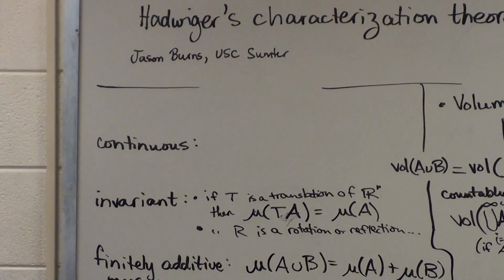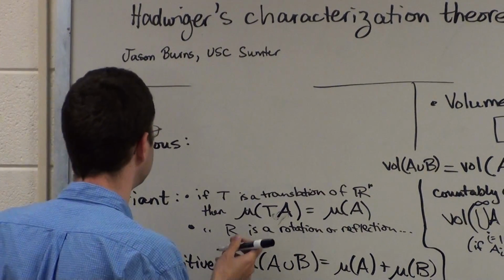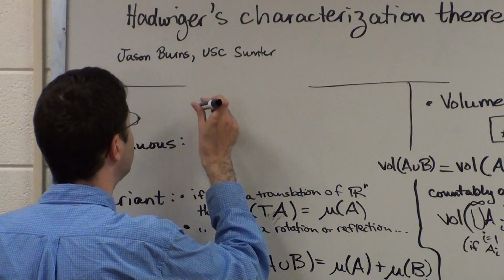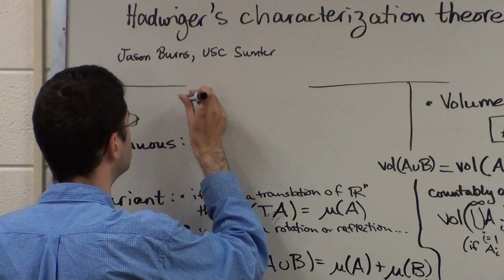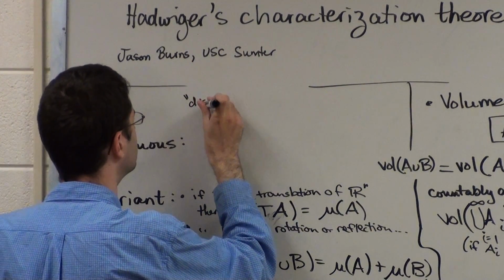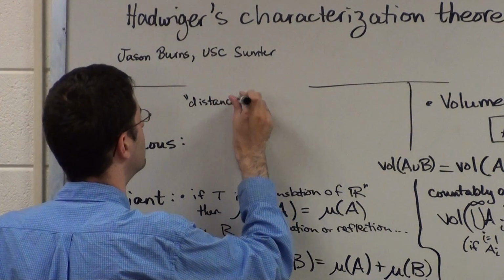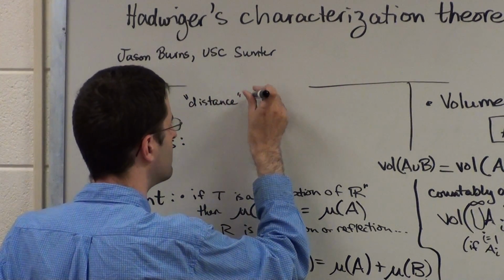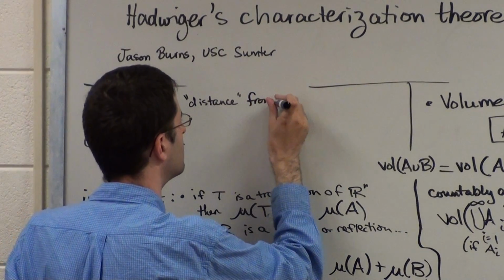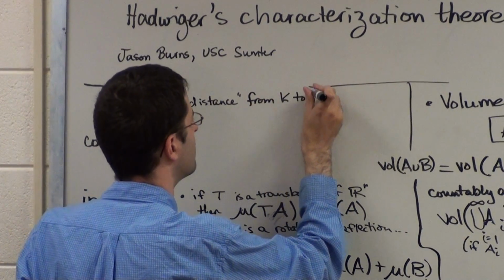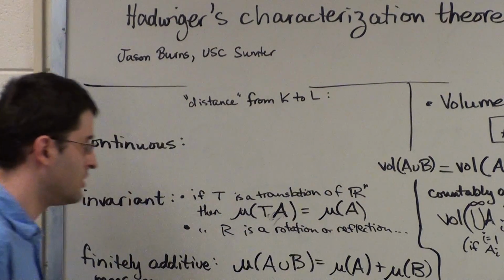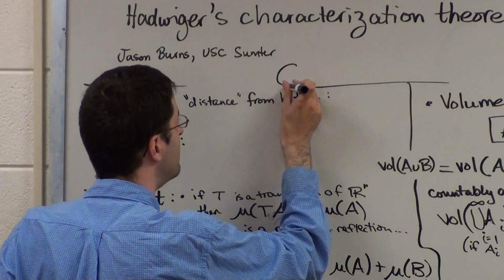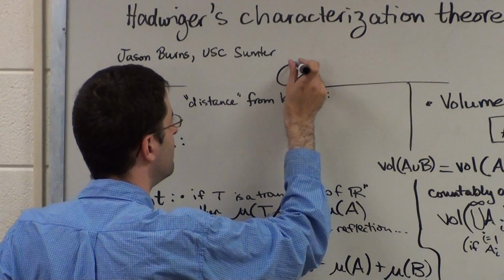If we got 2 convex sets, we need a distance here. So the distance between 2 convex sets is going to be basically their overlap.